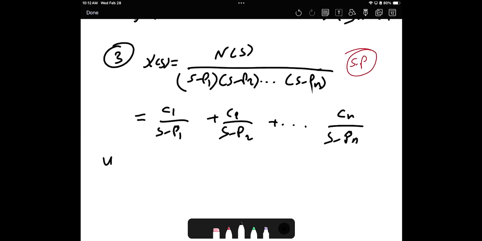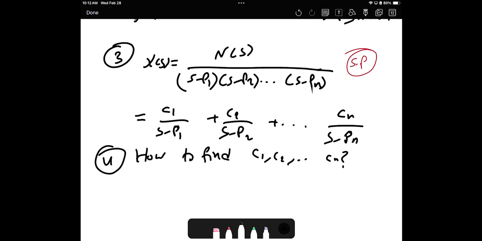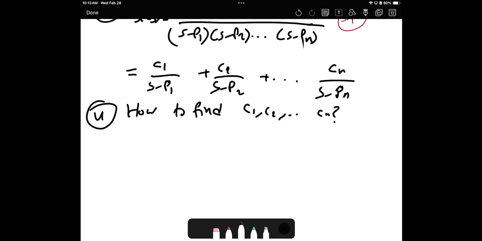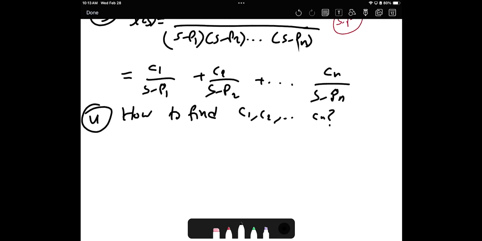Now the next thing we still need to figure out is how to find the c's: c1, c2, up to cn. This is a general formula that you need to either memorize, because we will use it a lot. Ci, such that i can be 1, 2, up to n, will be the limit of s minus pi, associated with the pole, times X of s, when s goes to pi.